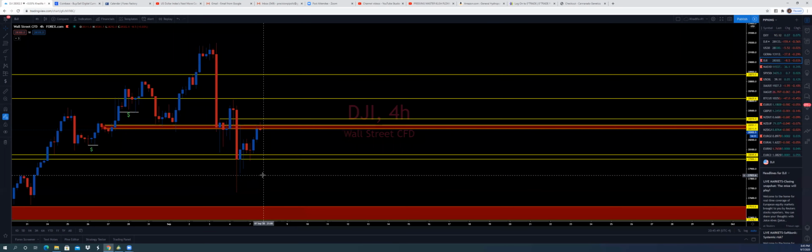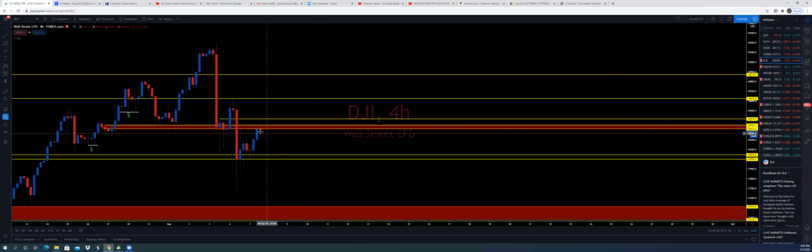But I am gonna wait for this 4-hour candle to completely close, and then if we do get a bearish close of this candle, then I'm probably gonna start looking for a selling opportunity for U30.